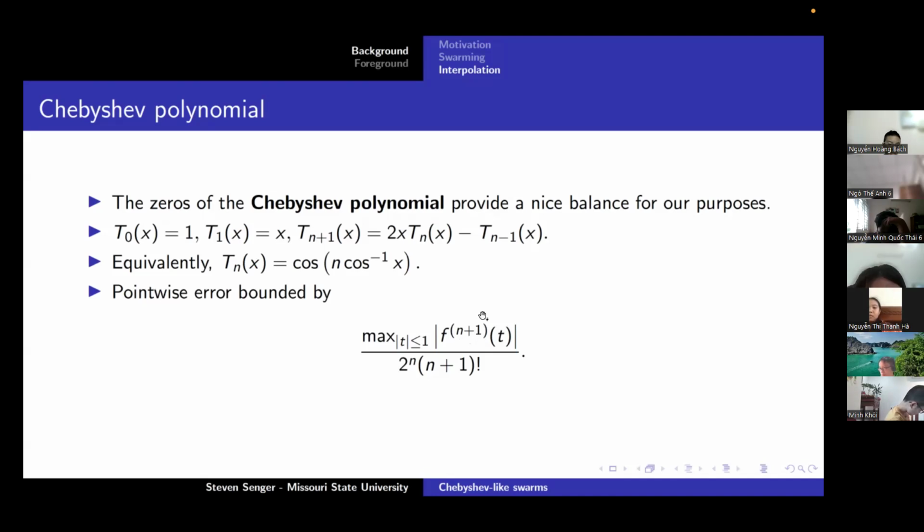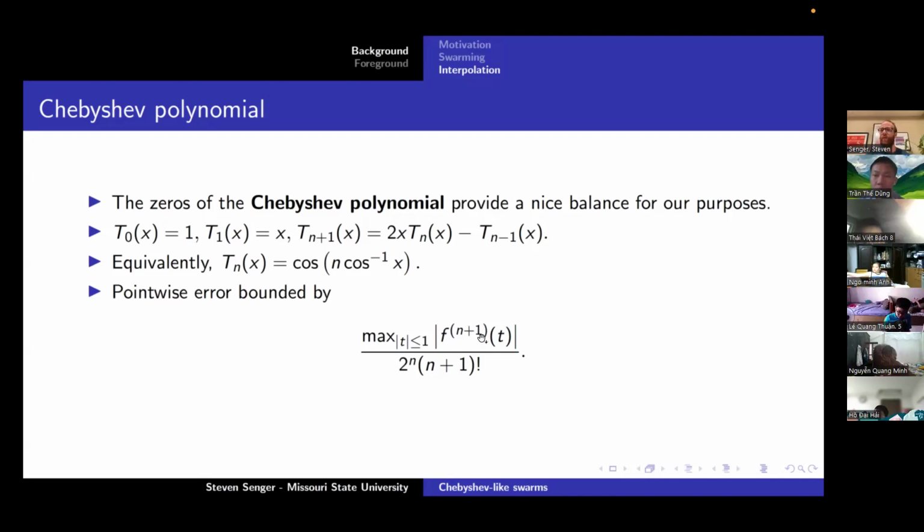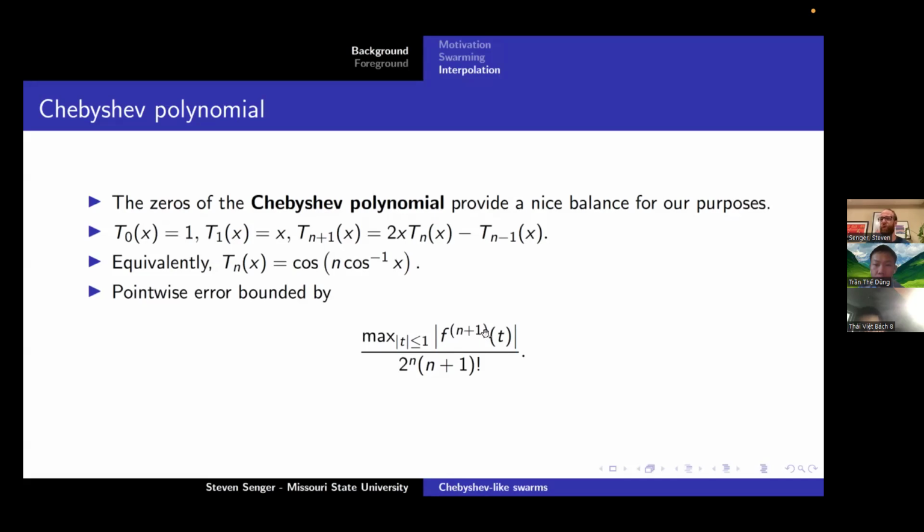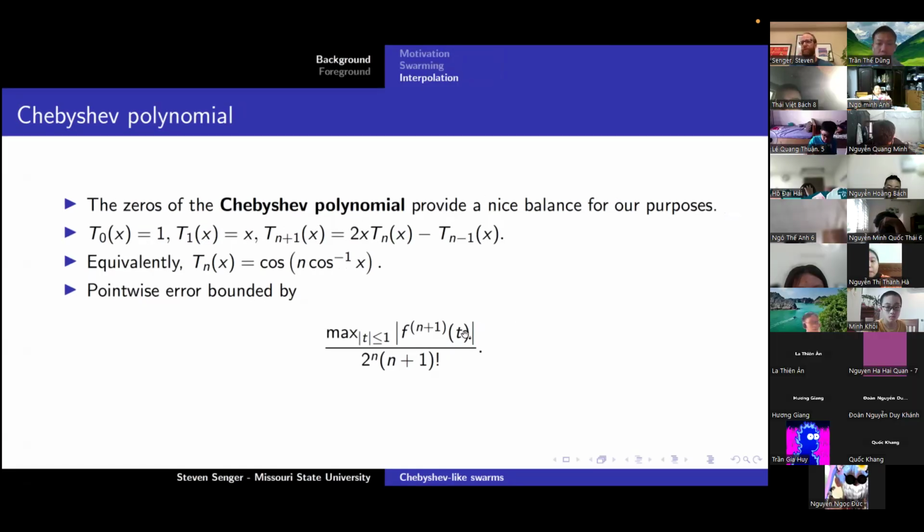Okay, on the top, so the error. What makes this error big? On the top, if the top gets big, that means the n plus first derivative of f is big. So if the function that I'm trying to sample has really steep ups and downs, then I could have a big error.